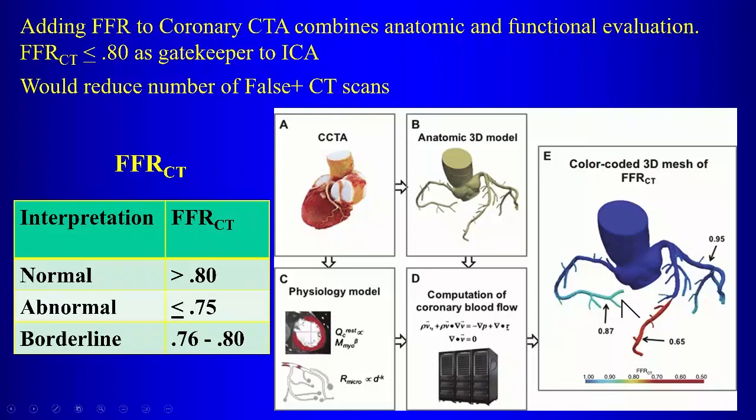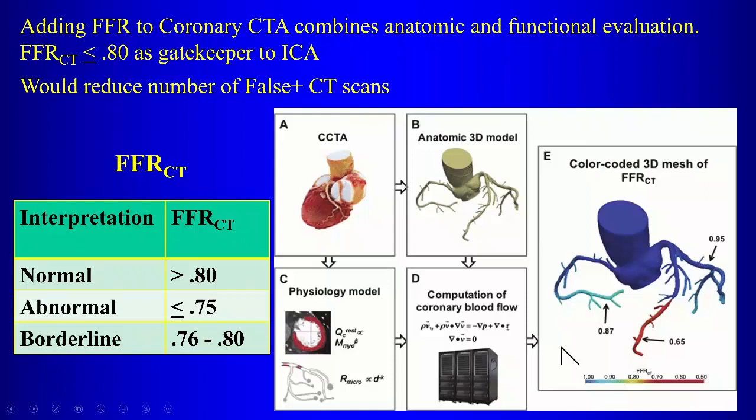So whatever lesions you find on your CT, this is telling you that in these regions of the right coronary artery and in this region here, the circumflex coronary artery, your fractional flow reserve measurements are good, but here in the more distal anterior descending coronary artery, you must have a significant stenosis in this region that is affecting the flow distal to that.